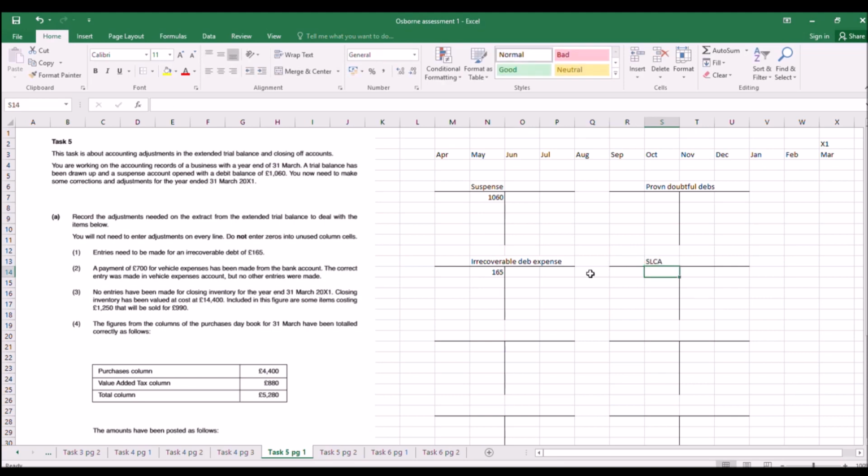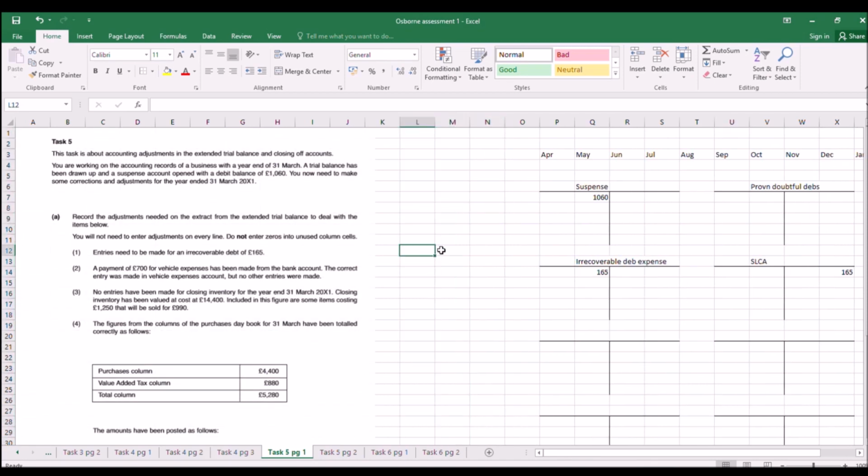So, doubtful debts would be a doubtful debt expense. Irrecoverable debts is definitely gone, so it'd be £165 going into our sales ledger control account. Actually, what we're going to do here is set up some journals as we're going along. So we're going to debit the irrecoverable expense, 165, and we're going to credit the sales ledger control account, 165. Okay, a little bit tricky there. Nice little tricky one between that and a doubtful debt one.